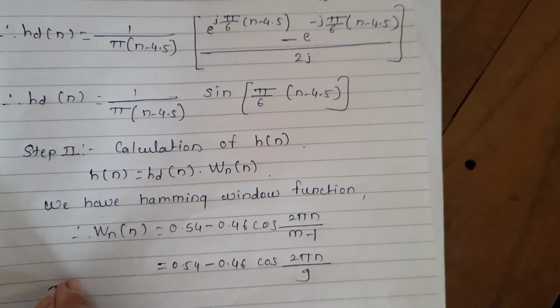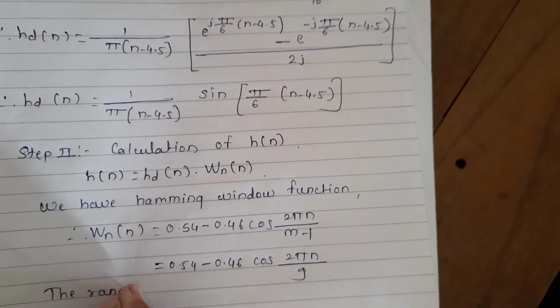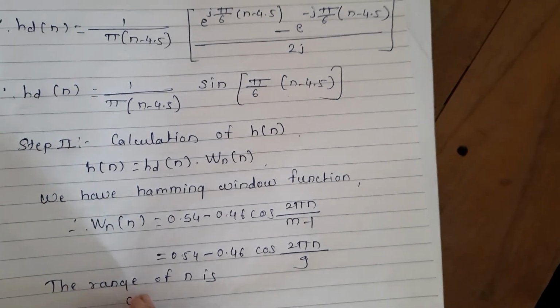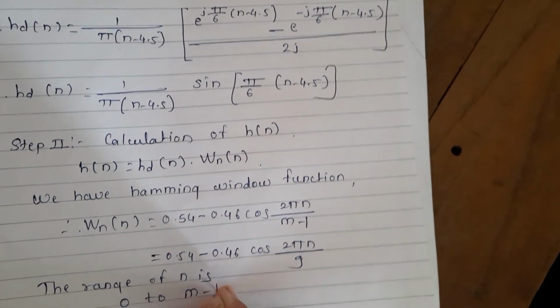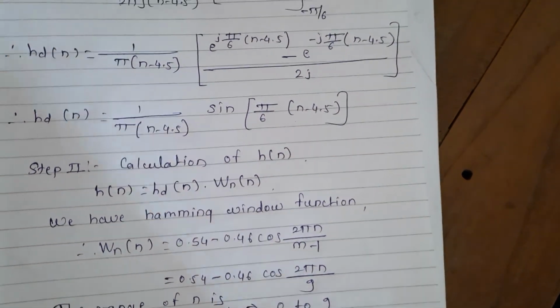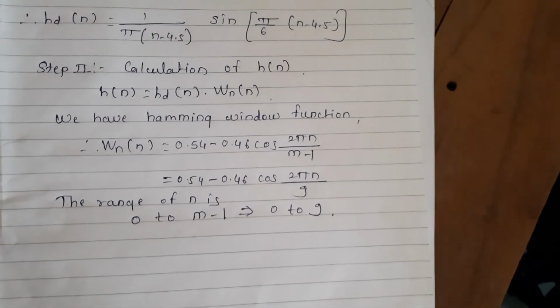Now the range of n is 0 to m minus 1, that is 0 to 9, as m is 10.